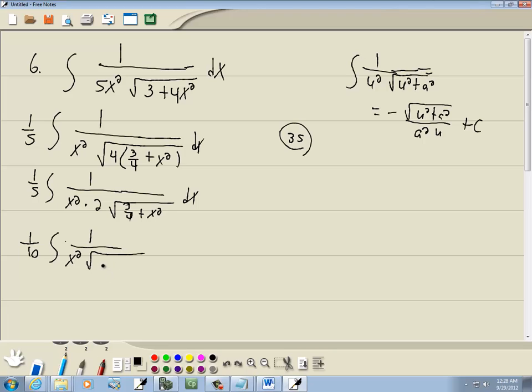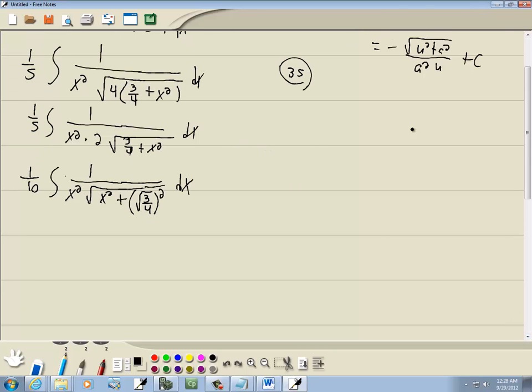Yeah, that'll work. And then I want this as something squared. Well, that's easy. You can put a square root around that and squared. And then dx.